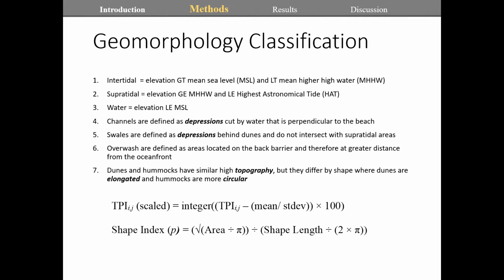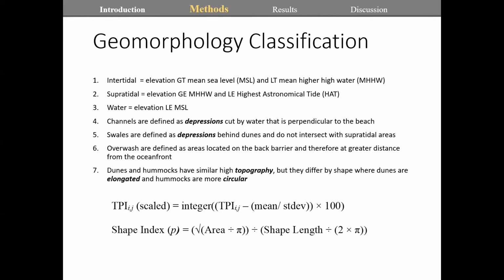Swales we defined as also depressions. They're generally behind a dune, and according to how we define them, they do not intersect with a supertidal area. So it helped us to figure out how to reclassify things and say, whoa, they shouldn't be this class, they should be a different class, right? So these are all ways for us to work through the model and correct things and get them into their right class.